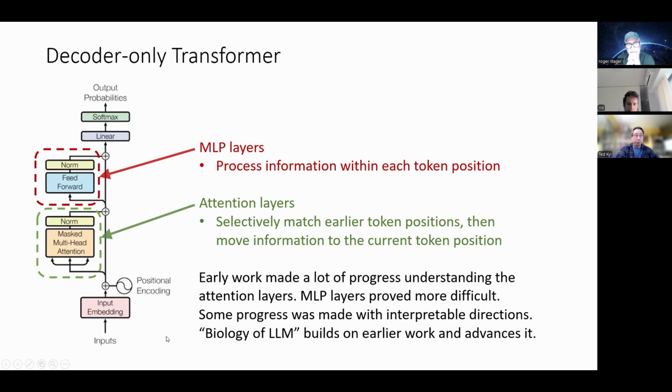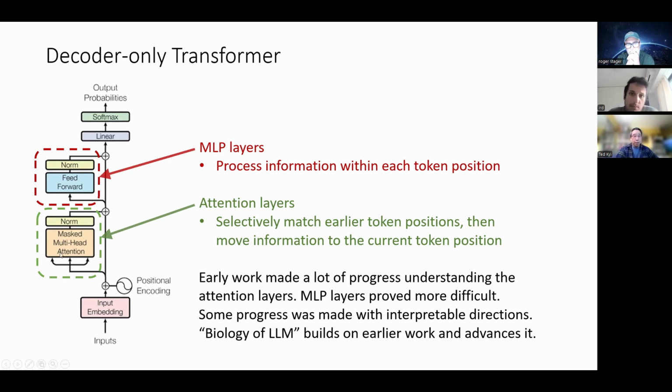I'm assuming most people are familiar, but on the left is a picture of the decoder portion from the Attention Is All You Need paper, slightly rewritten. We've eliminated the cross attention, which doesn't appear in a decoder only, and so then you really only have two layers.